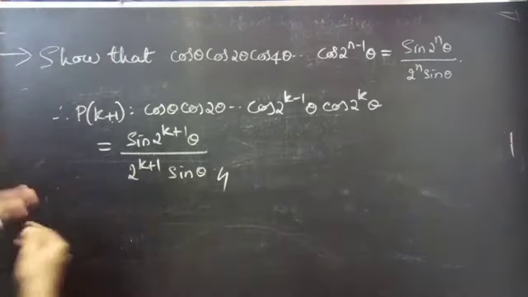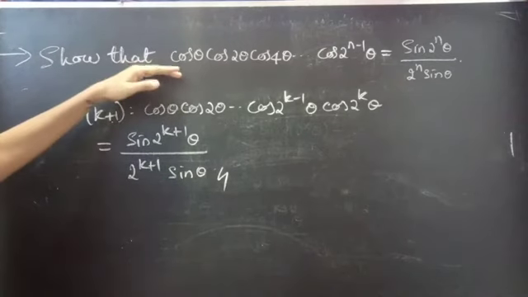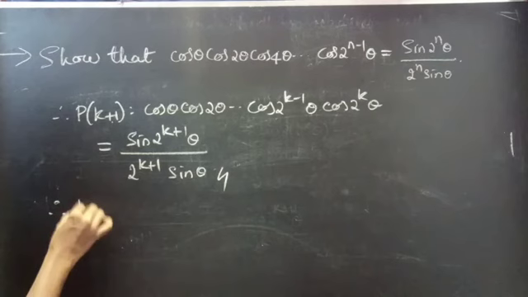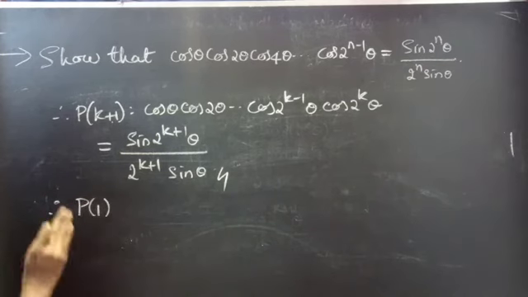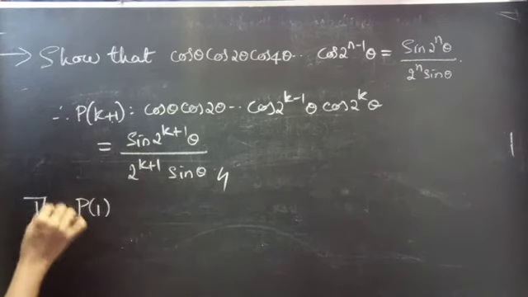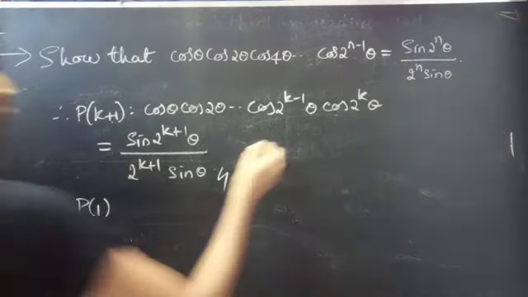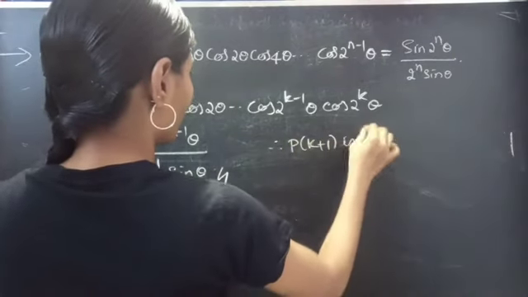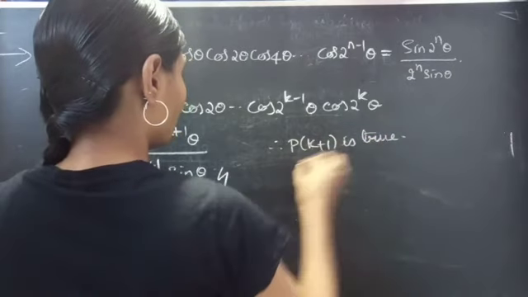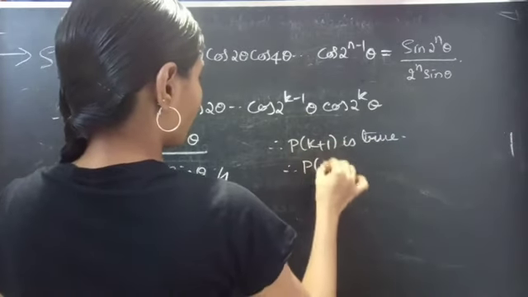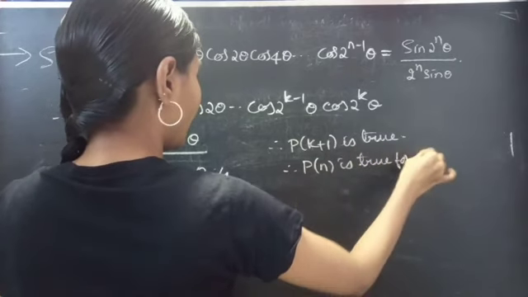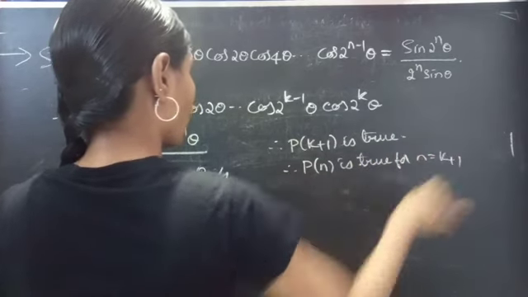From this we can say that the statement is true. Okay? Here we have to conclude that P of k plus 1 is true. Therefore, P of n is true for n equals k plus 1.